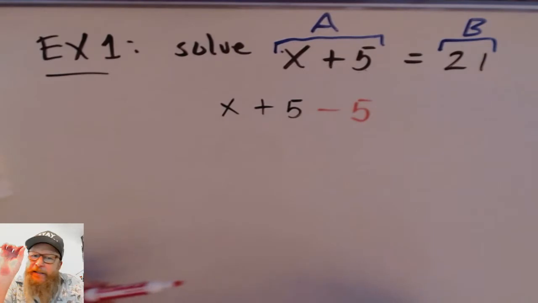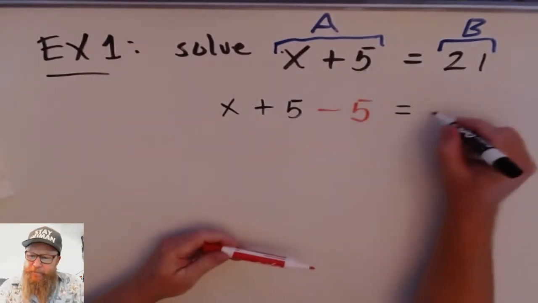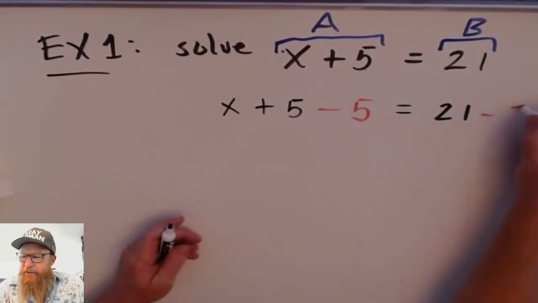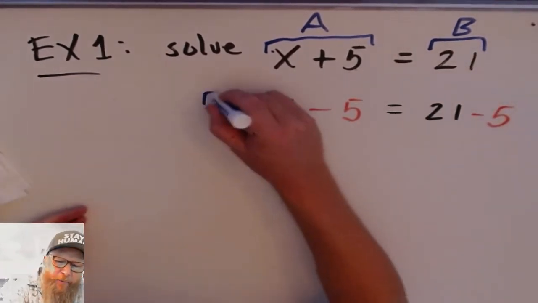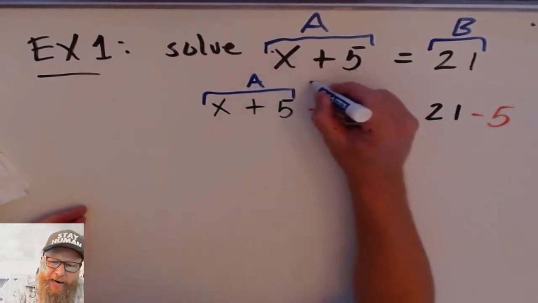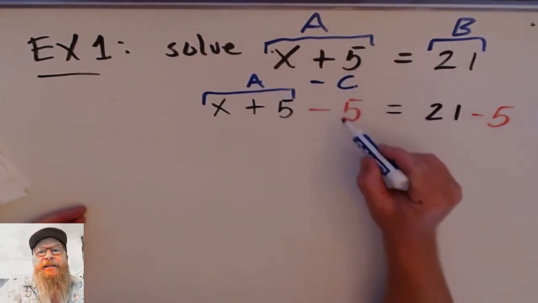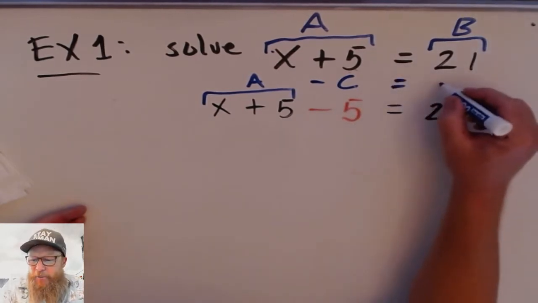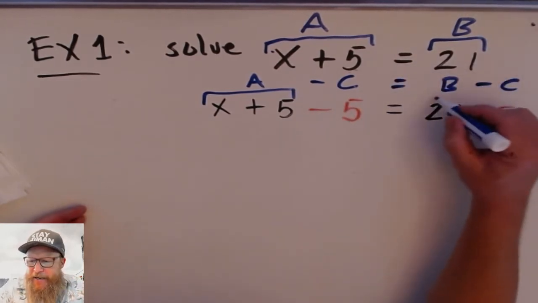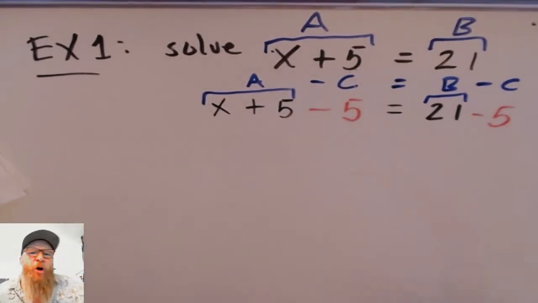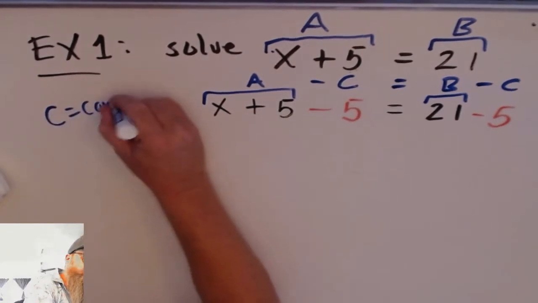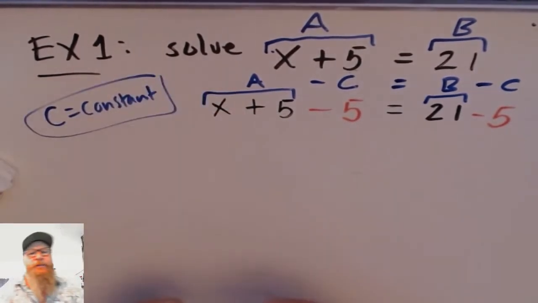Those are those little tokens that I was talking about. And I'm just going to draw it like that so it's very clear. So again, I'm not going to do this every time. I'm only going to do this once. I'm going to say A minus C, so C is the 5, is equal to B minus C. That's here. So the C is what we often call the constant.